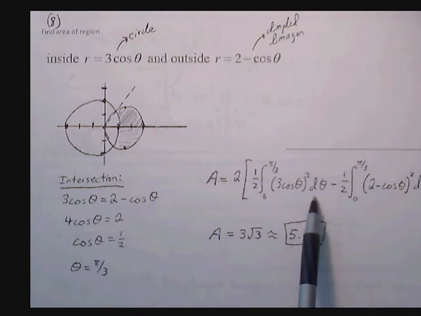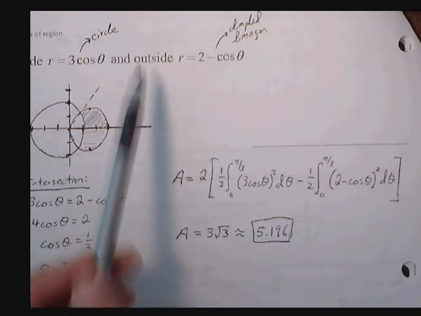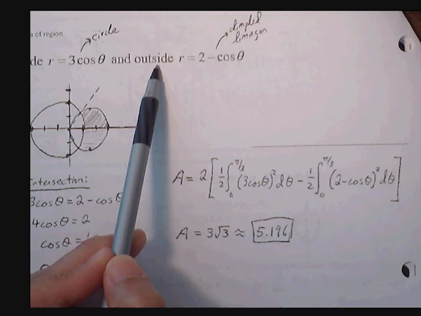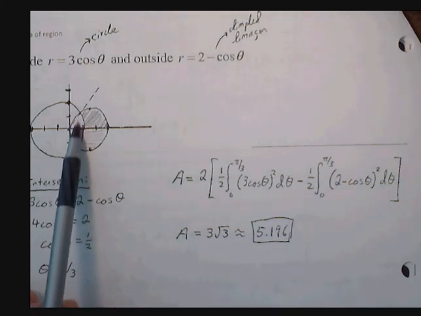So that takes care of the semicircle. But we want to subtract out the portion that we don't want, because we only want the area that's inside the circle but also outside this limaçon here.